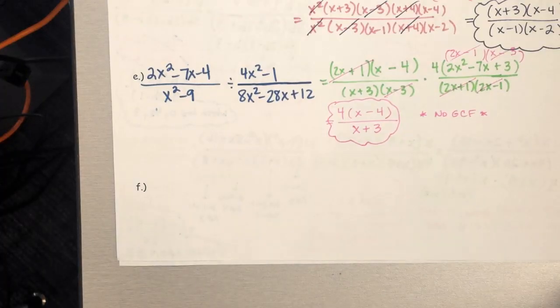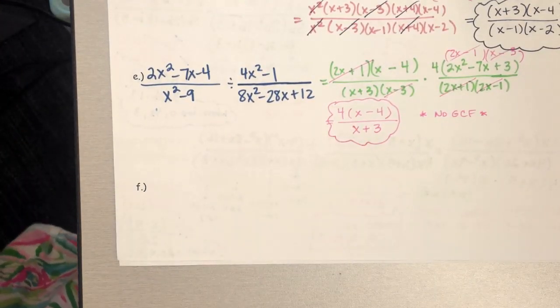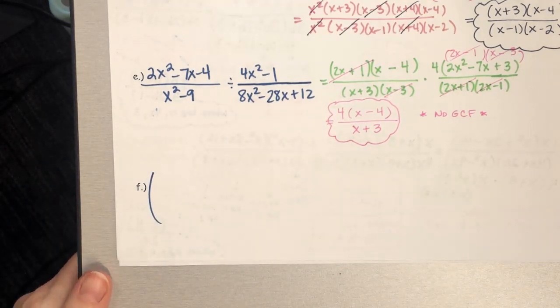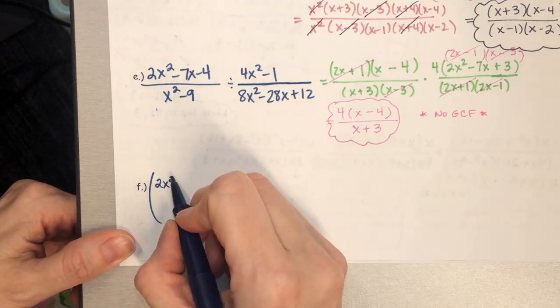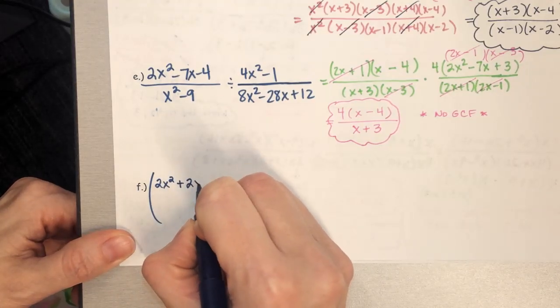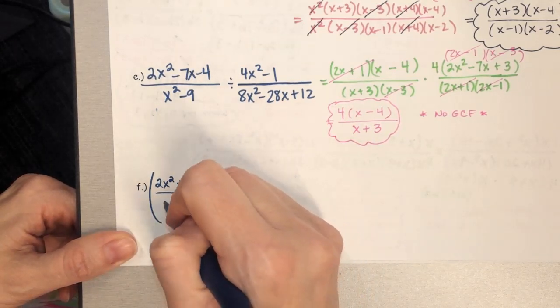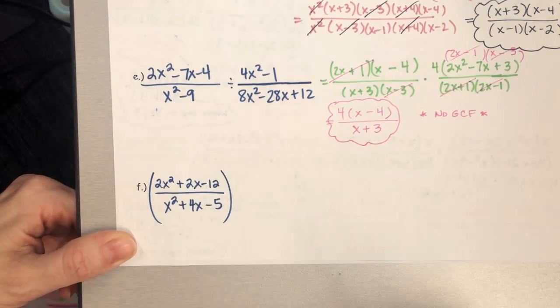All right, and then the last one will look a little different at first. So in parentheses, we have 2x squared plus 2x minus 12 over x squared plus 4x minus 5.